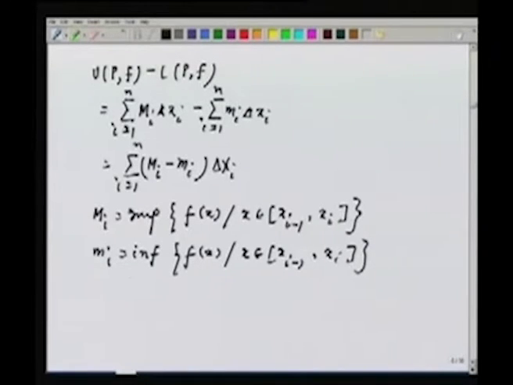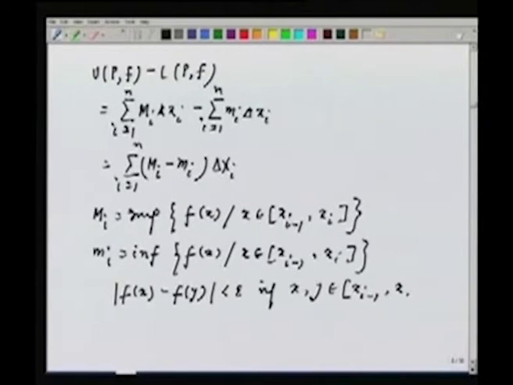Now I know that modulus of f(x) minus f(y) is less than epsilon if x, y belong to [xi minus 1, xi], because the length of the interval is less than delta, and hence by uniform continuity, if I take 2 points x and y from that interval, then modulus of f(x) minus f(y) is less than epsilon. Now the supremum and the infimum of f will be attained in the closed interval [xi minus 1, xi], because f is continuous.